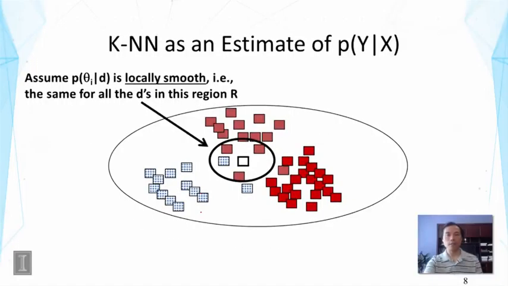So as I mentioned, KNN can actually be regarded as an estimate of the conditional probability of y given x, and that's why we put this in the category of discriminative approaches. So the key assumption that we made in this approach is that the distribution of the label given the document, or the probability of a category given a document, for example, the probability of theta i given document D, is locally smooth.